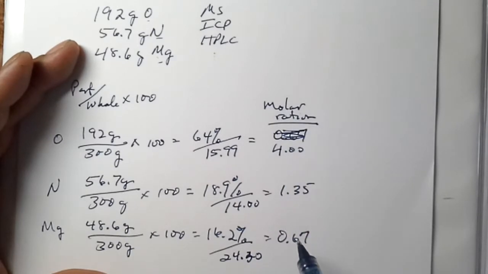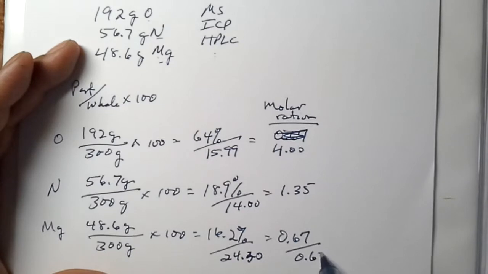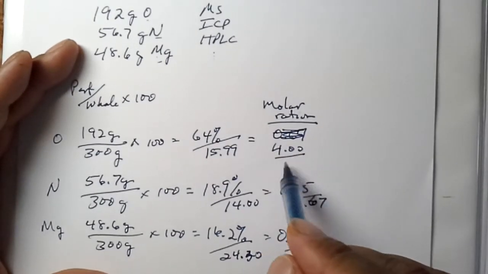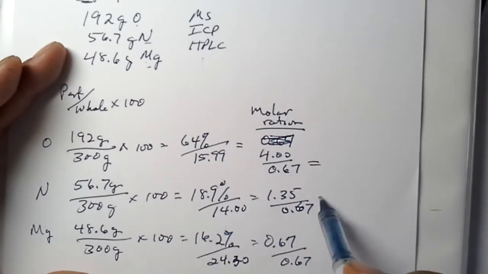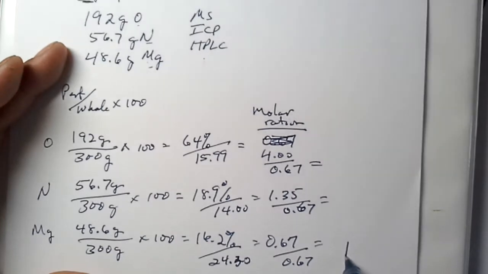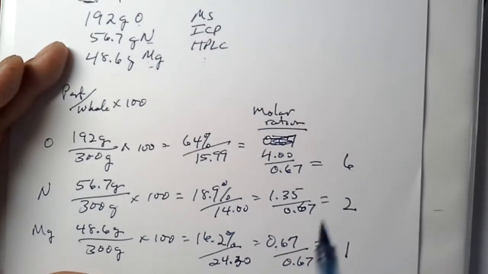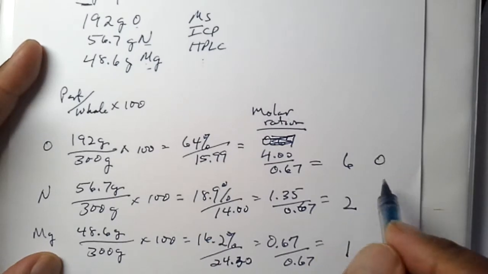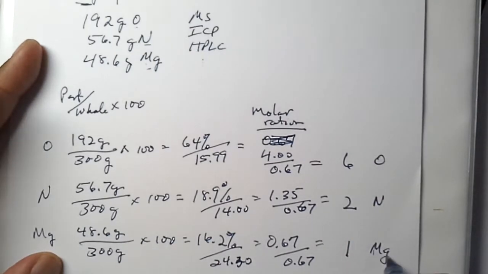So with this as our molar ratio, we need whole numbers. We divide by the smallest number, 0.67, to get our whole number ratio, which will be 1 to 2 to 6. So we have 6 moles of oxygen, 2 moles of nitrogen, and 1 of magnesium.